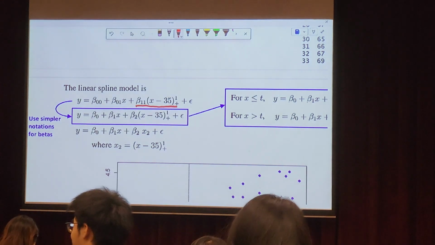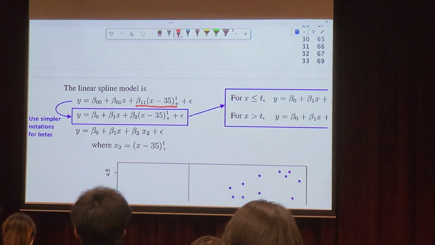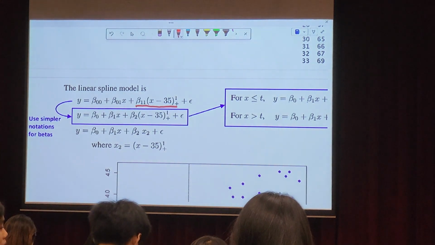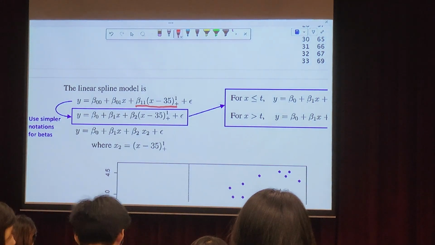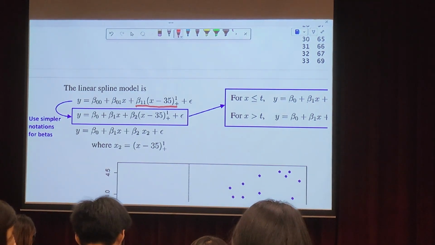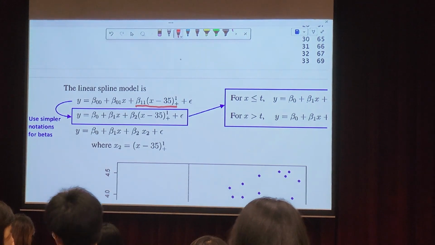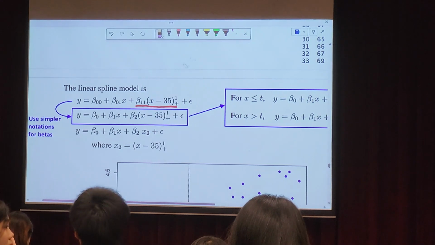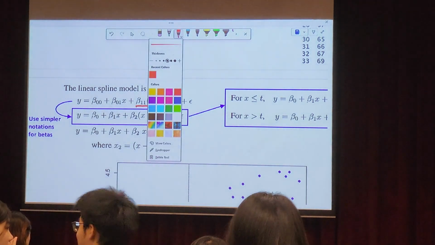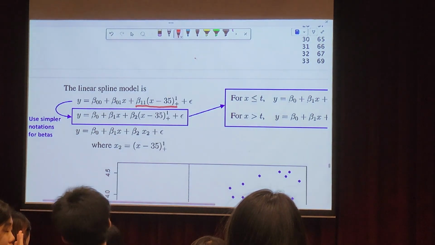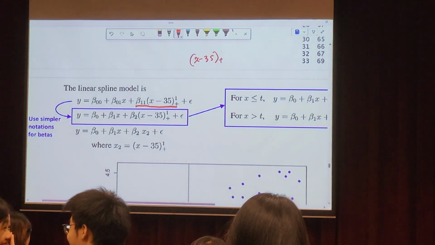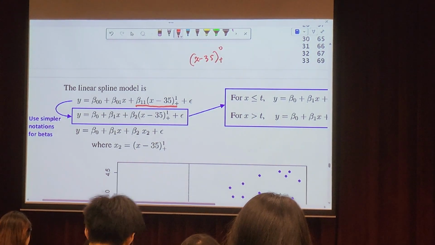If I include that term, then I force a discontinuity at the knot, at the point 35.